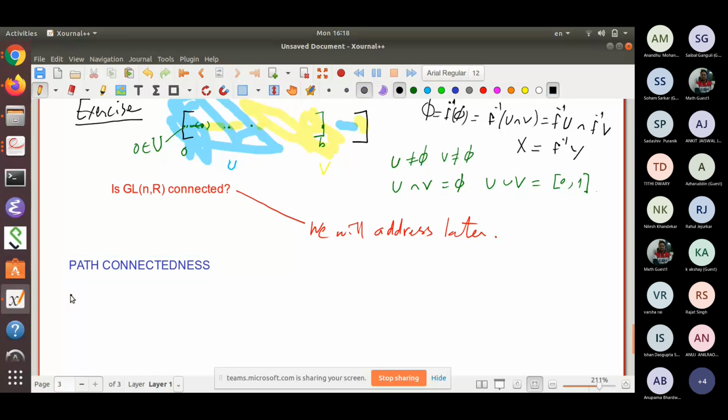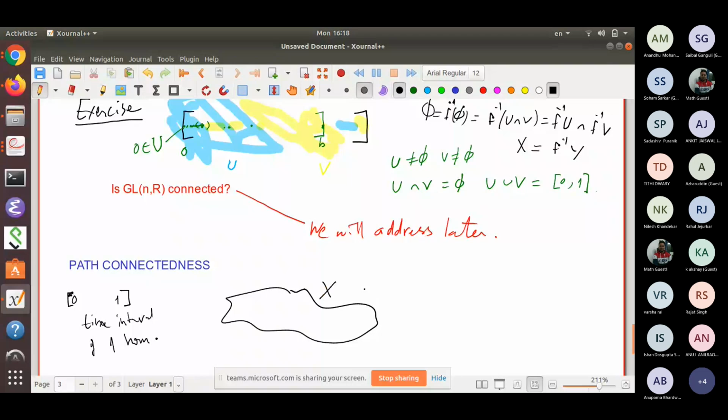Suppose I have this interval, which I use as a time interval of 1 hour. And here is a place. That place is another topological space X.